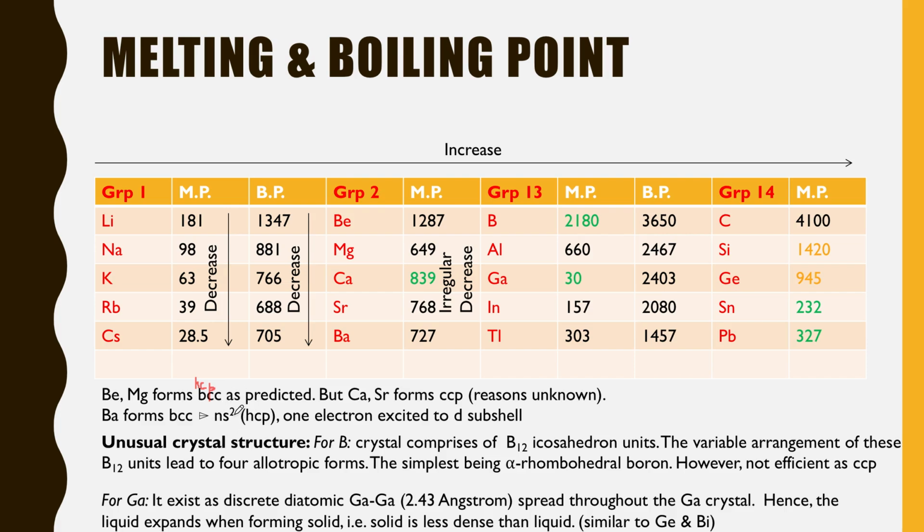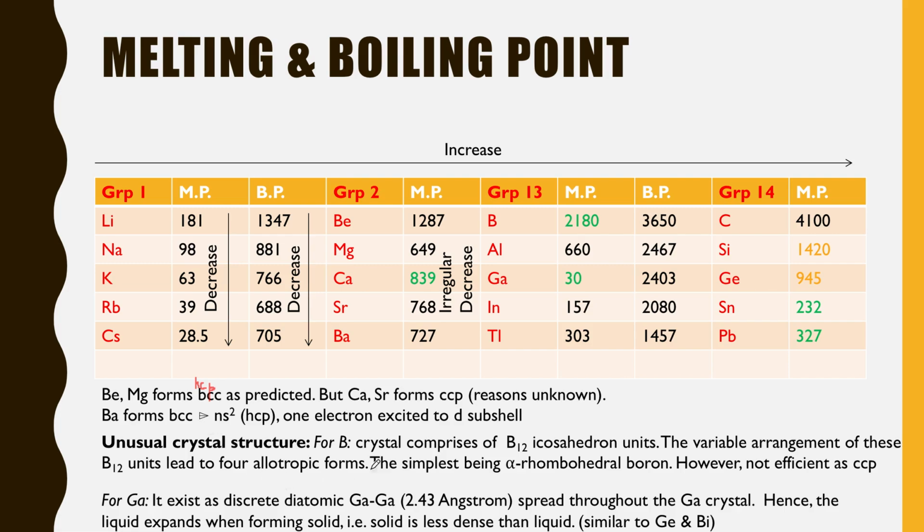It is possible only when one of the electrons in the excited state goes to the d subshell rather than going to the p. So now how many electrons are remaining in the s and p? Only one electron would be available. So in that case, barium can form a BCC kind of arrangement. This is the explanation given for why barium acquires a body-centered structure.